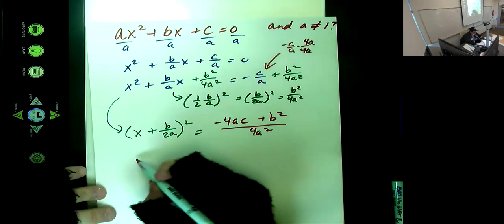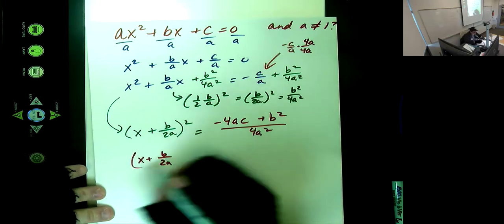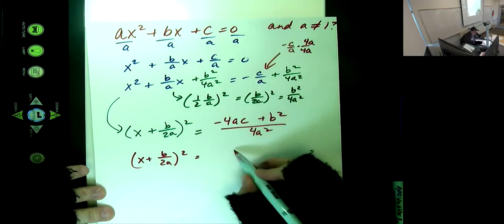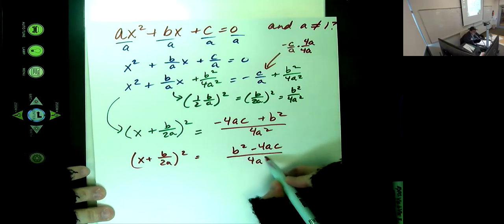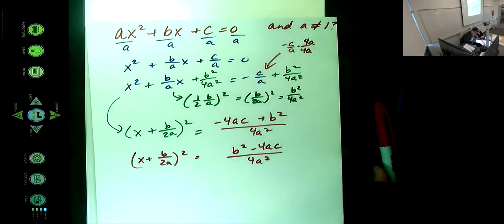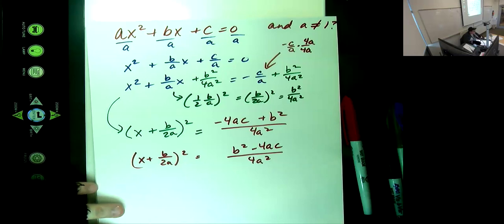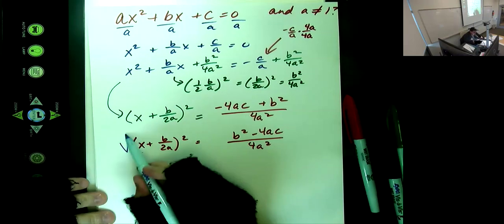And I'm going to turn that around real quick, because the squared term is nicer up front. Now what? Do the square root, right?